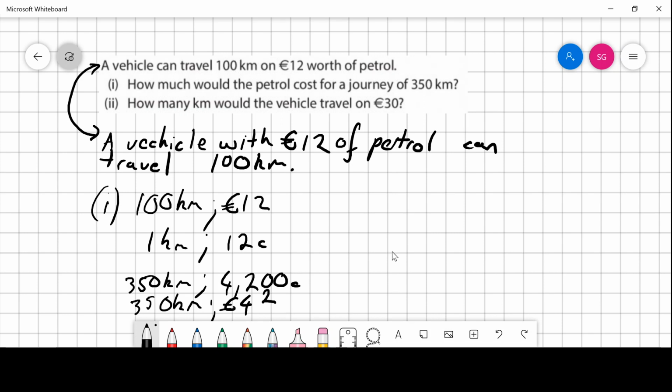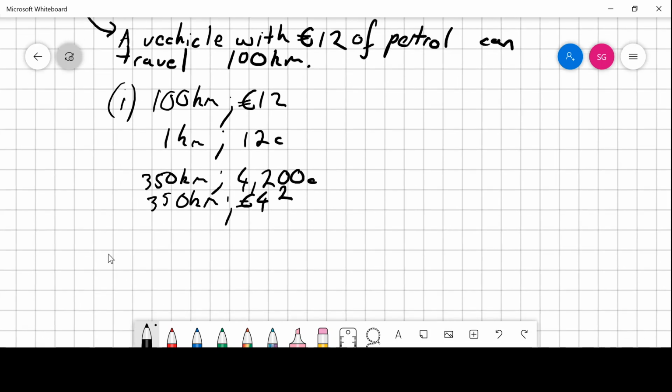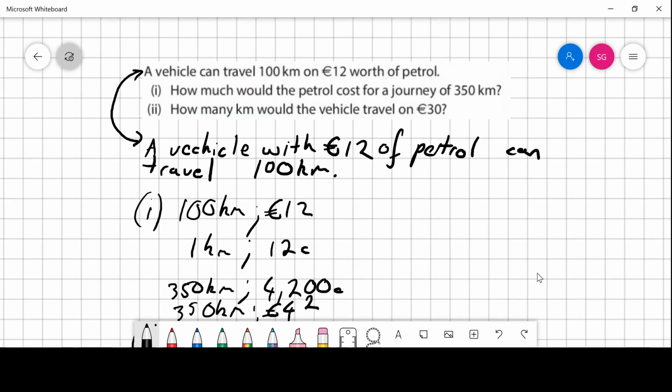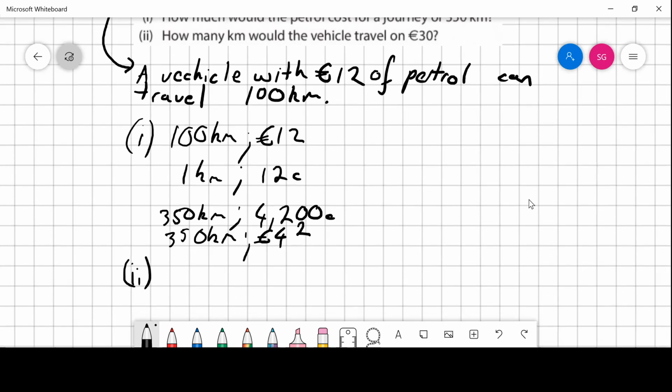Let's look at that second section here. So let's look at that second line. And it's asking, how many kilometers would the vehicle travel on 30 euro? From this statement here, this alternate version of saying the same thing, we have a 12 euro ratio to 100 kilometers, right?